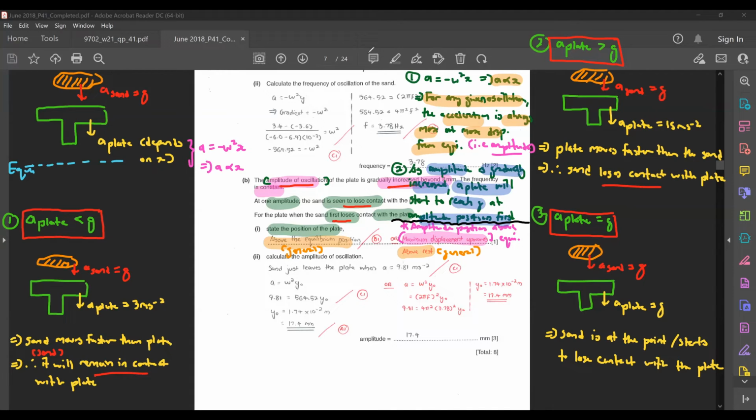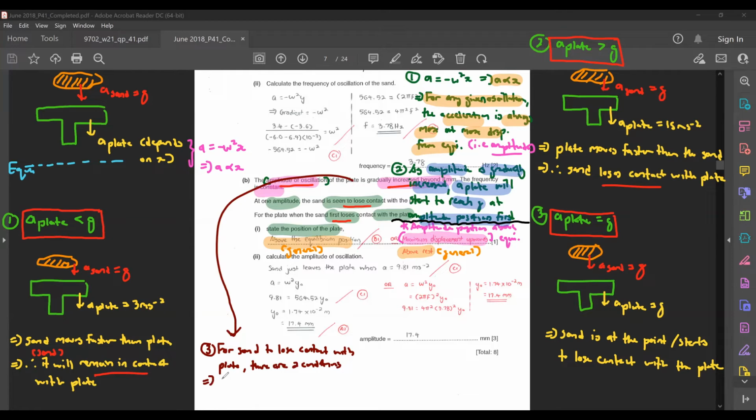This one is another fact I'll write. This one I'll probably write over here. So you see, for sand to lose contact with plate, there are two conditions.